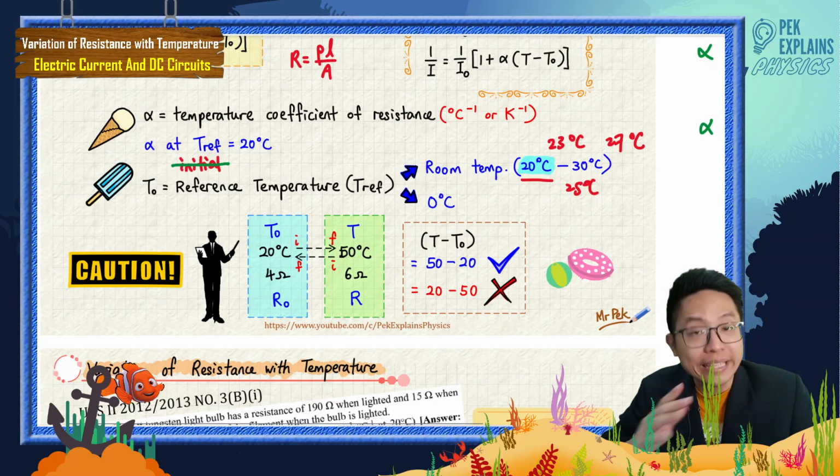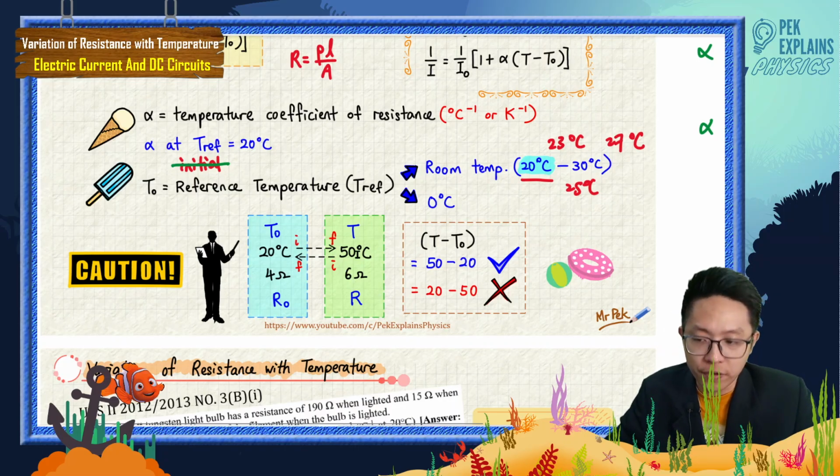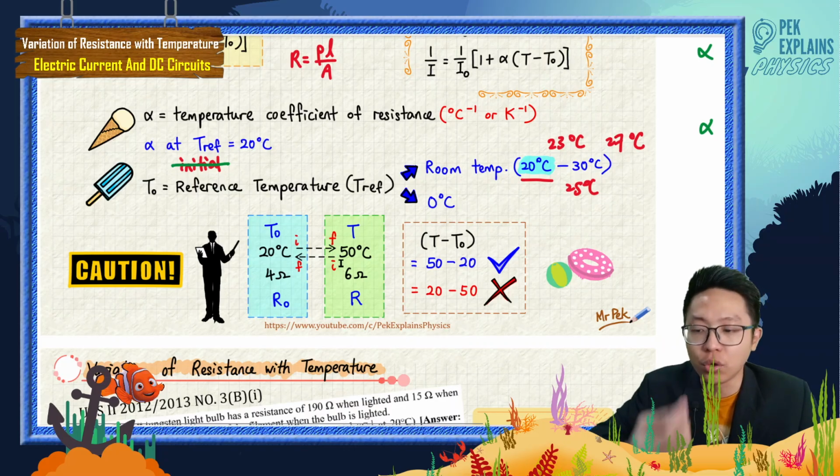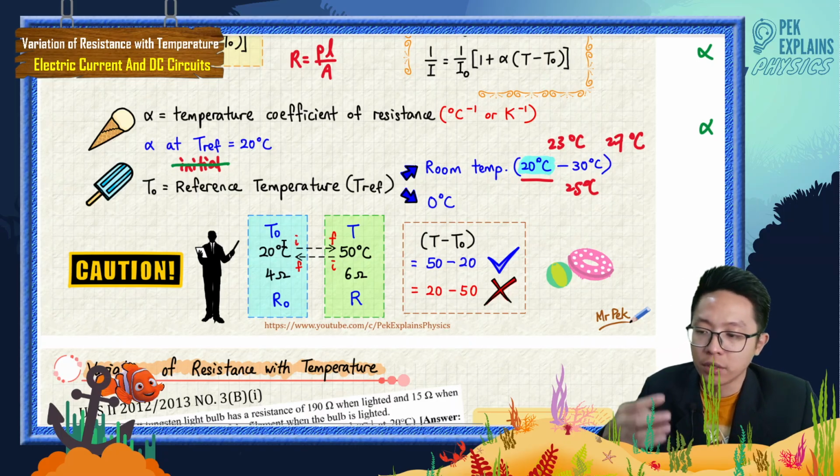Now, what if the question is the other way around? It says that 50 degrees Celsius is the initial temperature, and you cool down the conductor to 20 degrees Celsius. Before that, it went from 20 to 50 when you heated up.